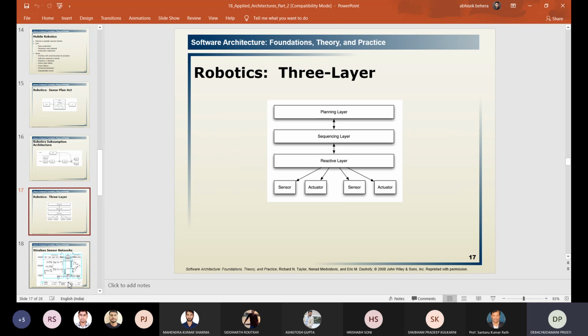In the reactive layer we have the sensors and actuators, interconnected with each other. The reactive layer will receive data and send it to the sequence layer, and the sequence layer will receive the data from the reactive layer and send it to the planning layer. So they are interconnected through it.